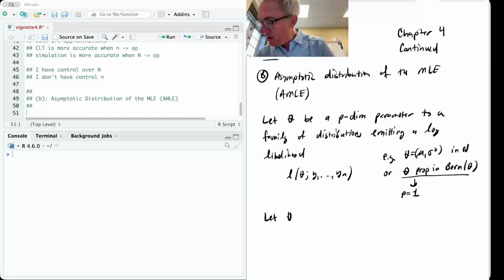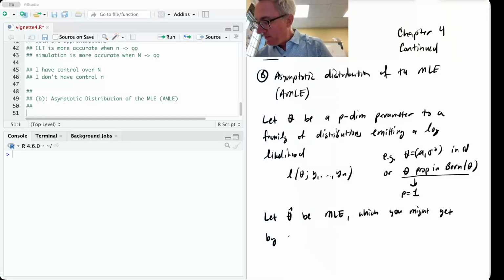Let theta hat be the maximum likelihood estimate, which you might get by solving what are called the likelihood equations.